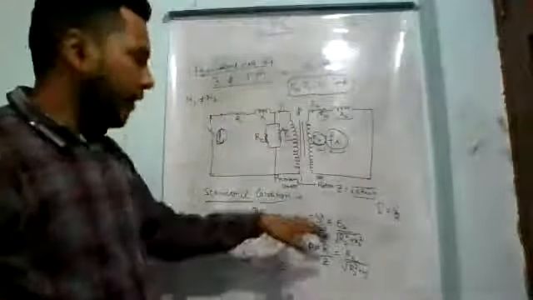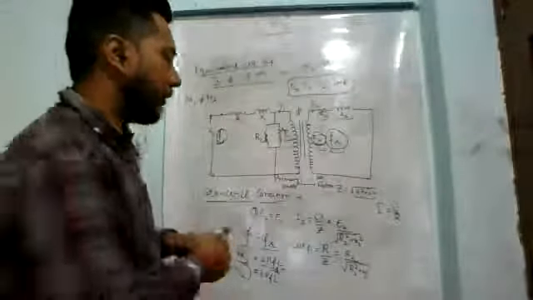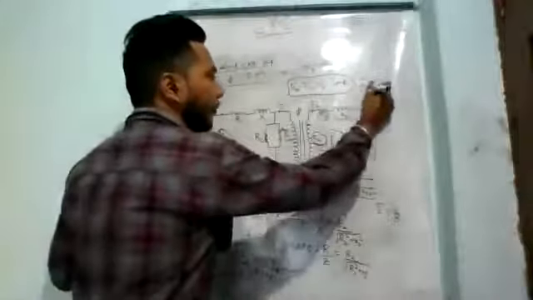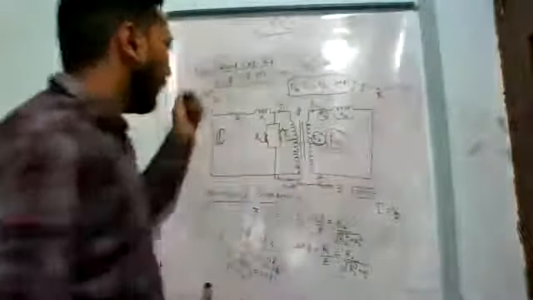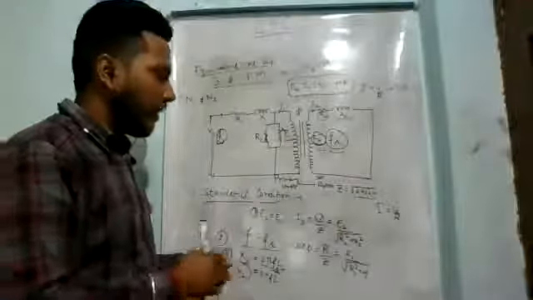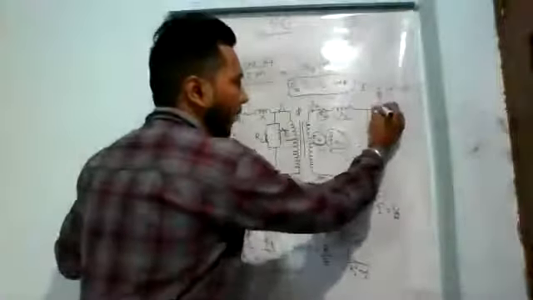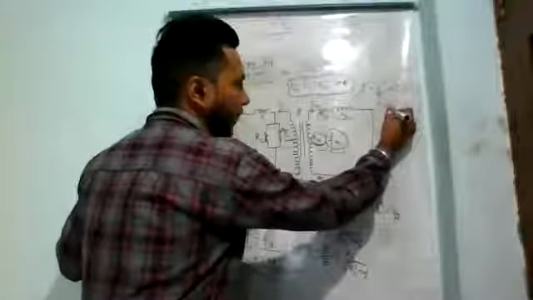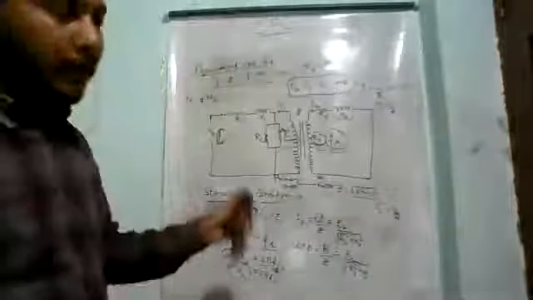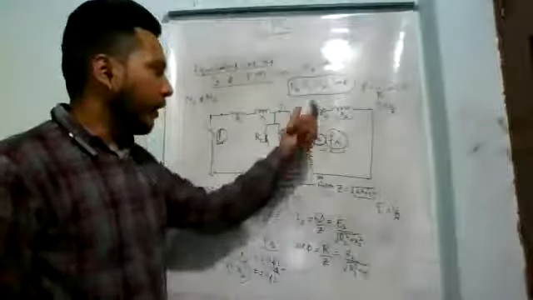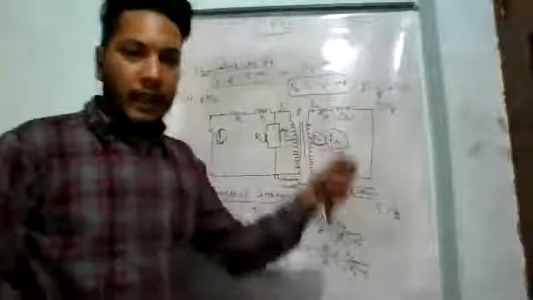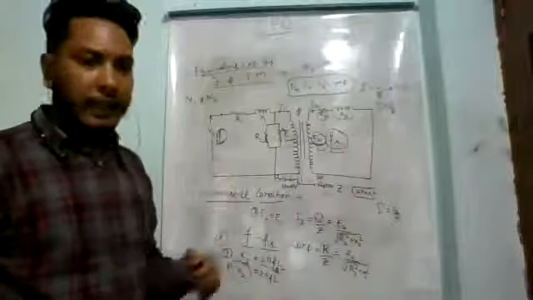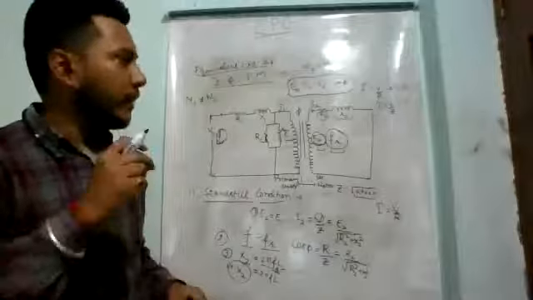Now next is the secondary side current. As we know, the formula for current is I equal to V upon R. This is for a DC circuit. But this induction motor works on an AC supply, so the formula for current is I equal to V upon Z. Z is impedance, which is a combination of resistance, inductive reactance and capacitive reactance.